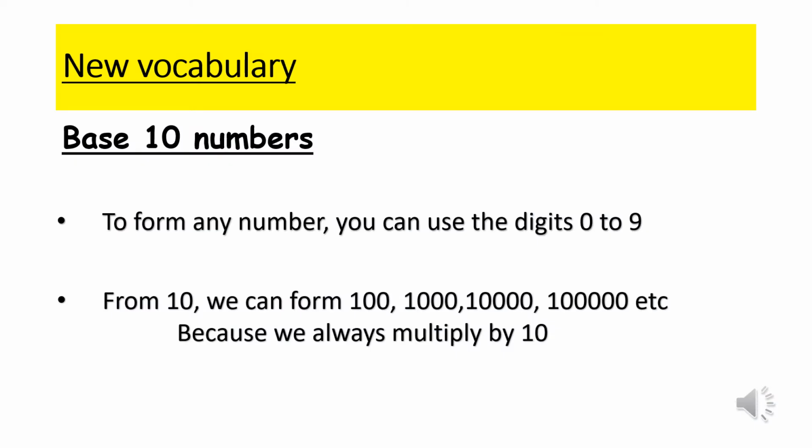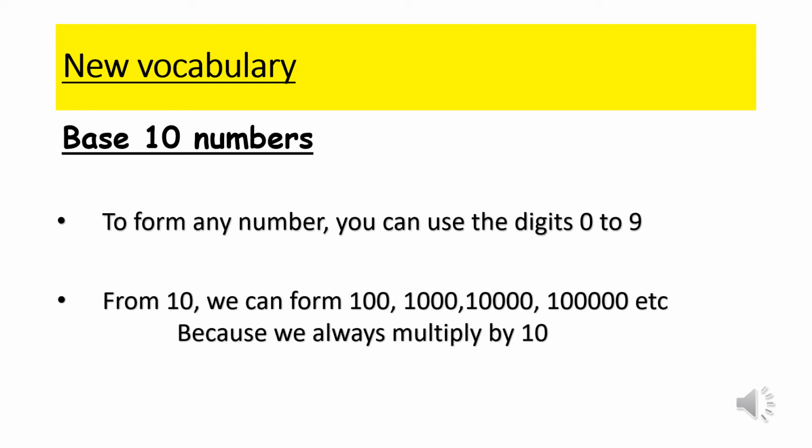Our new vocabulary for today is base 10 numbers. Now, base 10 numbers are a set of numbers where we use the digits 0 to 9. And if you notice, I haven't put 0 to 10 because to make 10, I need a 1 and I need a 0, and that is already in 0 to 9.